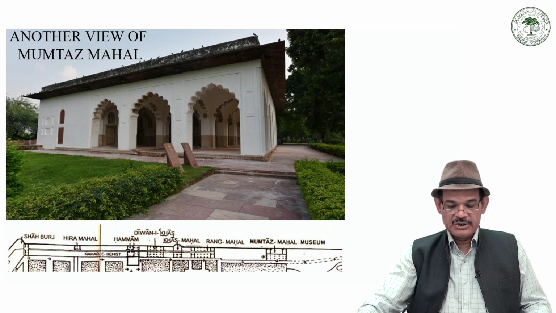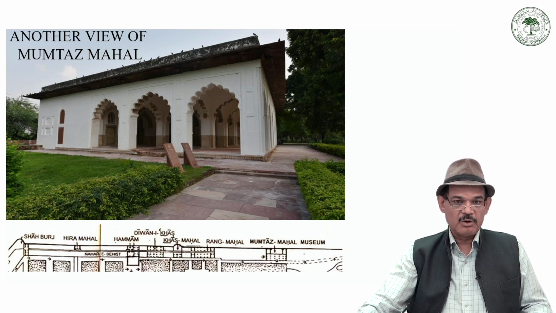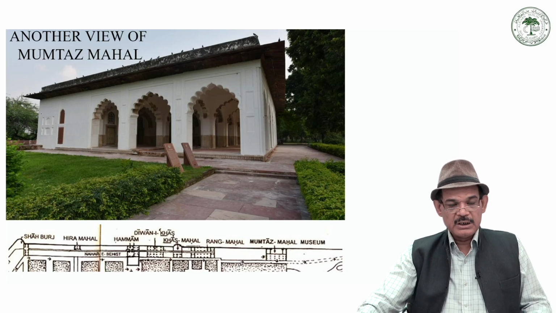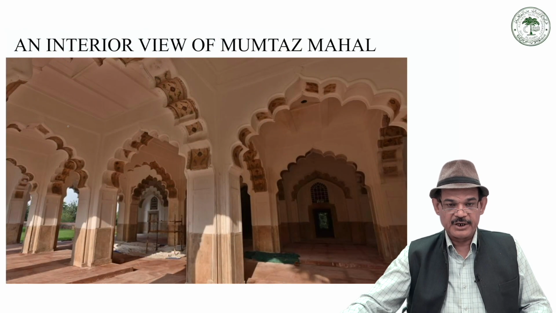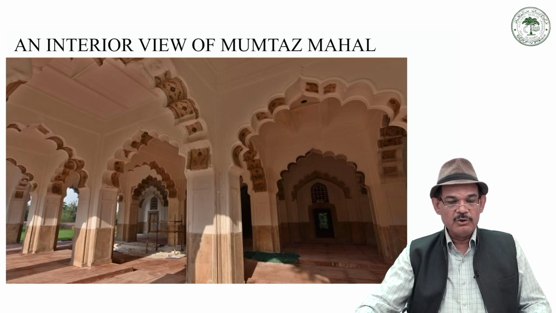Its eastern side is closed in the form of a larger chamber, and the eastern wall is closed with a fine perforated screen. This is an interior view. Now you can easily understand what a square bay is.